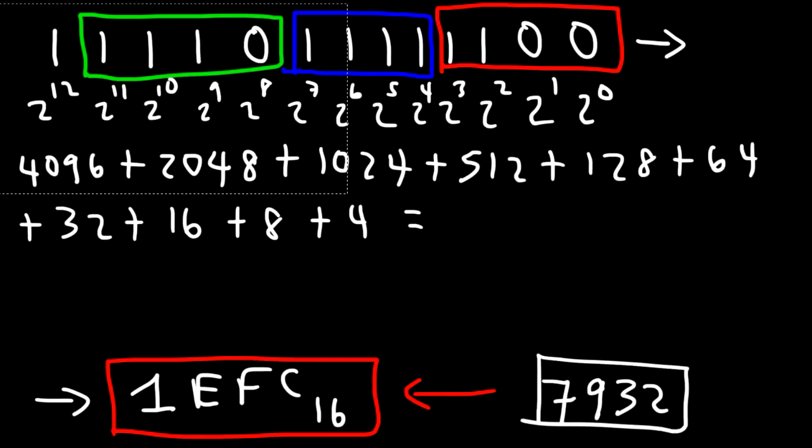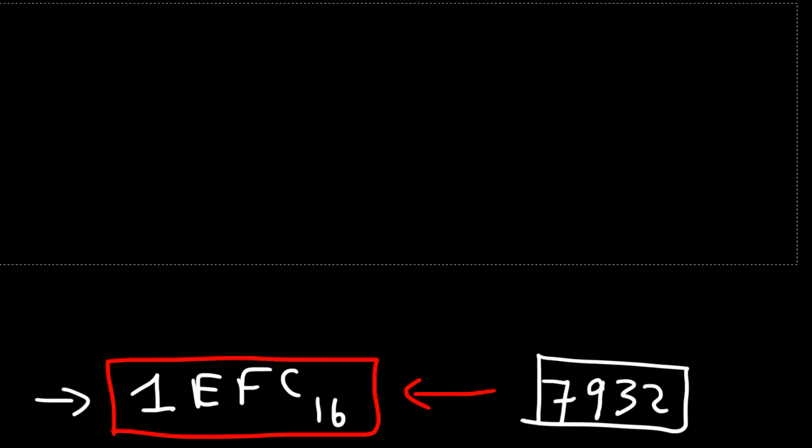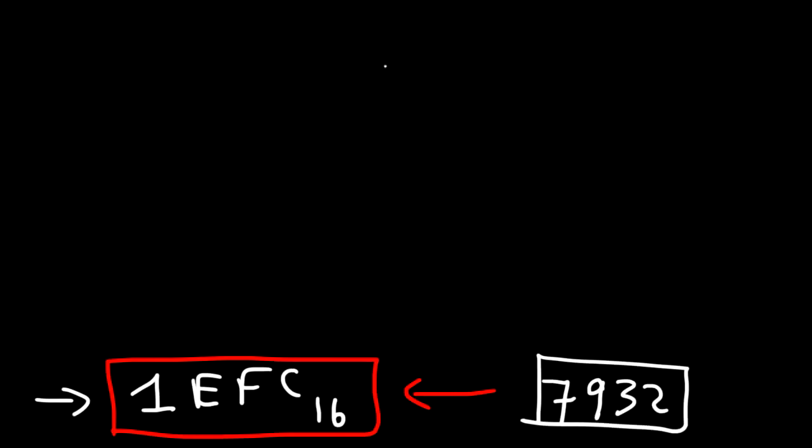So now let's convert the hexadecimal number into a decimal number. Let's see if we get the same thing. So we have 1 E F C. E corresponds to 14, F corresponds to 15, and C corresponds to 12.